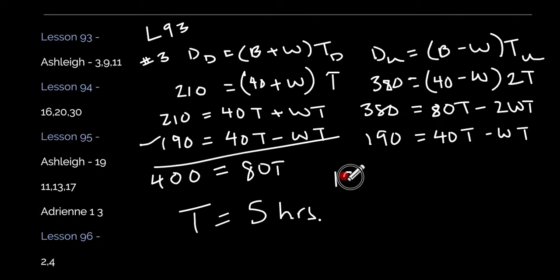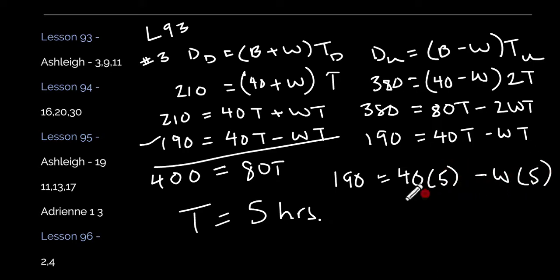So 190 equals 40 times 5 minus w times 5. So that's going to be 200. If I subtract 200 from 190, it's going to be negative 10 equals negative 5w. The water is 2, and we're talking miles per hour.